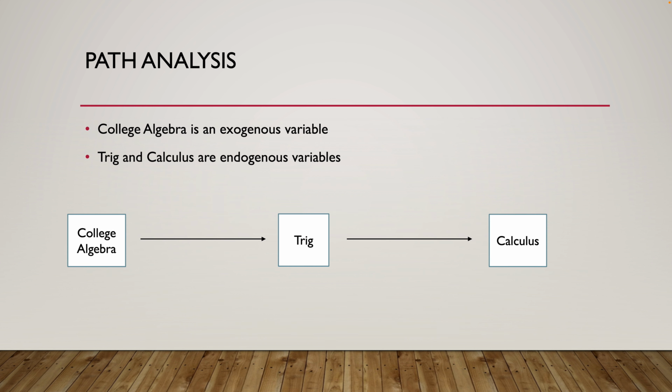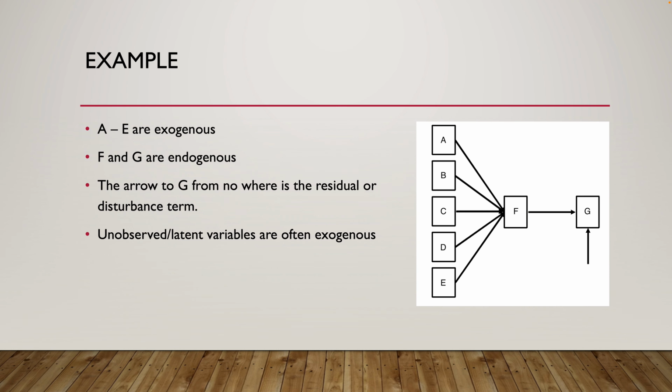So in our case, college algebra would be exogenous because it has arrows only pointing out, and trig and calculus would be endogenous variables because they have arrows pointing toward them. So that would be kind of an interesting design.